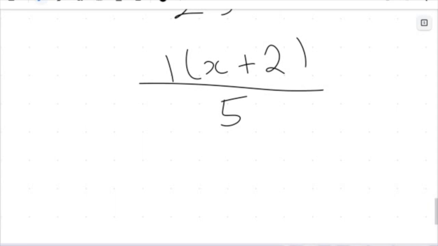And here, 1 times x plus 2 over 5, I can just simplify that and write it as x plus 2 over 5. And that is my final simplified answer.